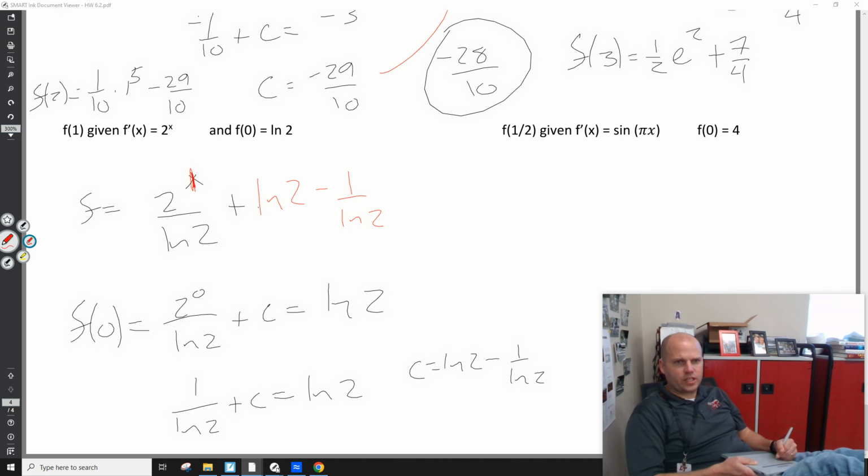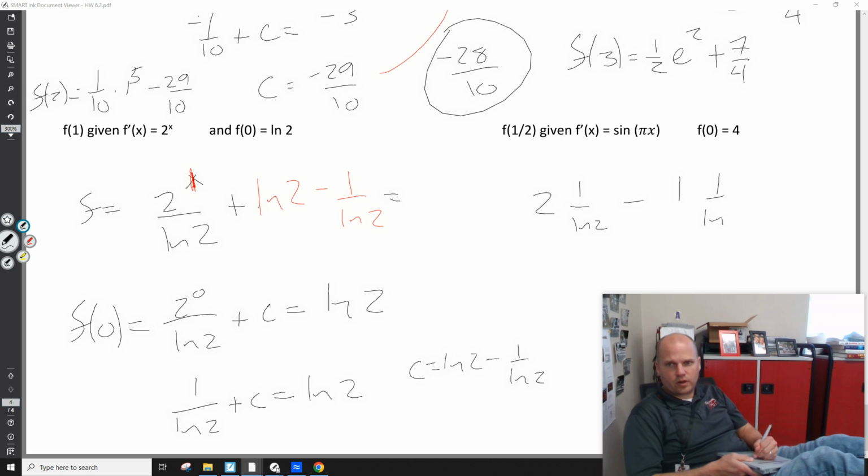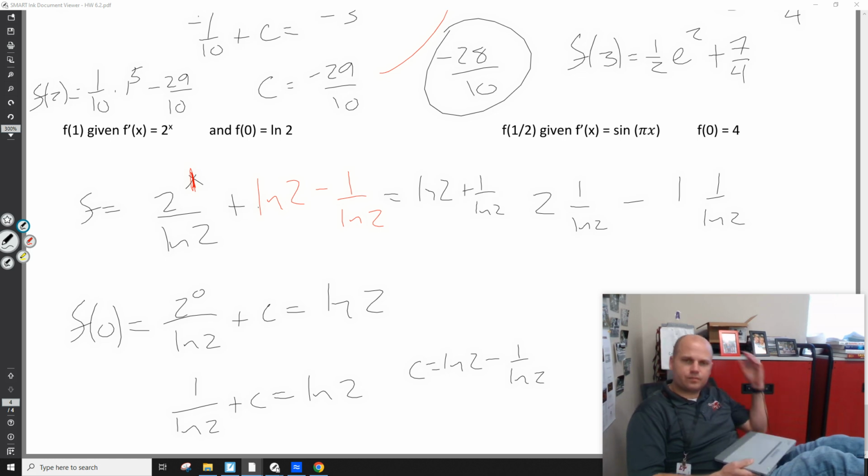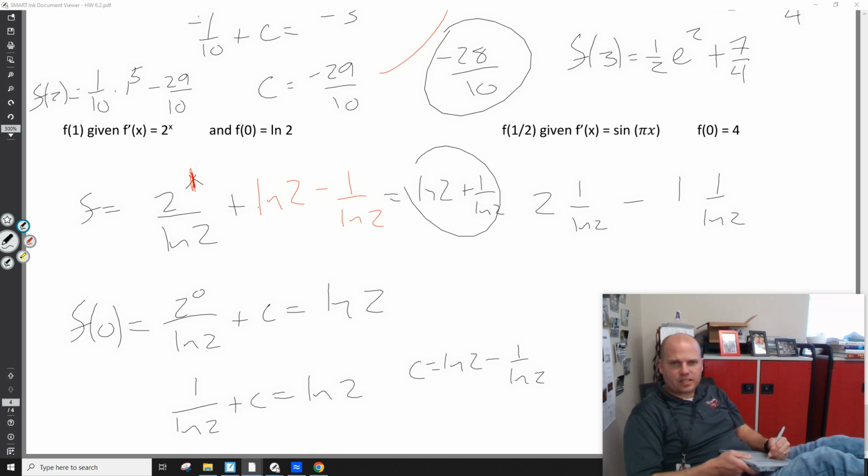If I plug in 1, it's 2 over ln2 minus 1 over ln2, which is 1 over ln2. If I have 2 1 over ln2s and I subtract 1 over ln2, I have 1 over ln2. And I think this is my final answer.